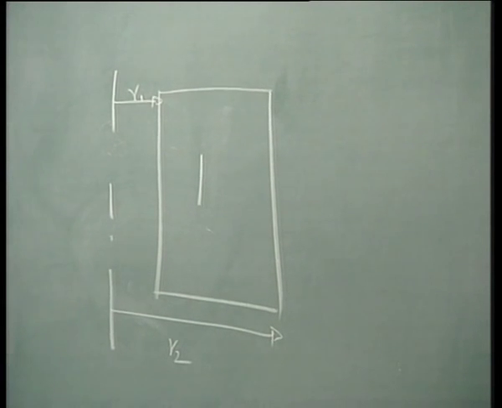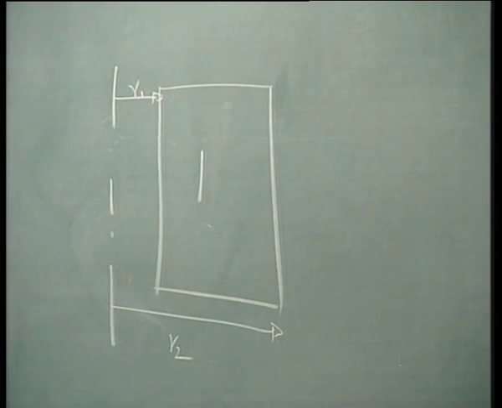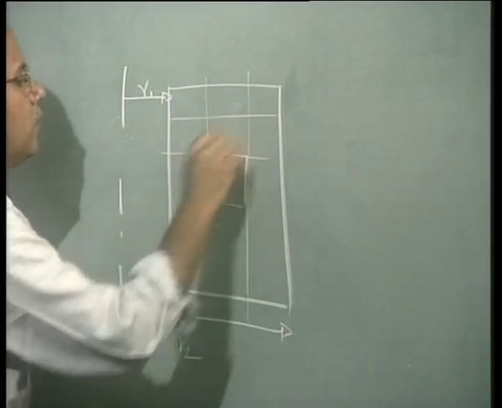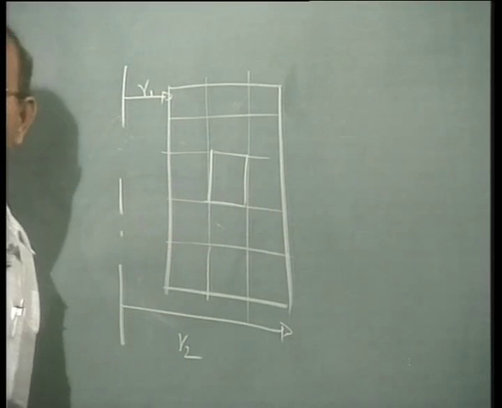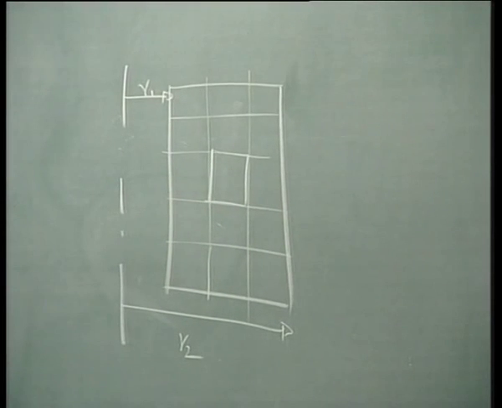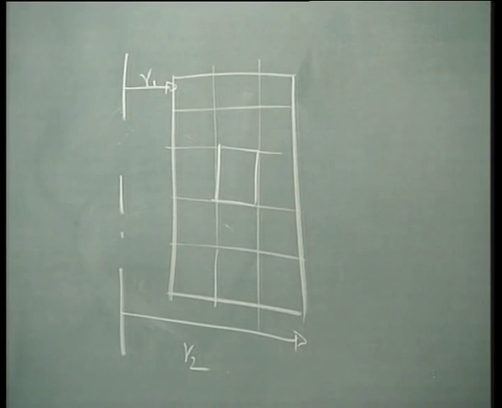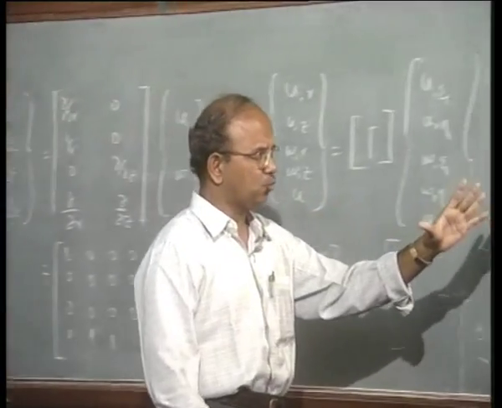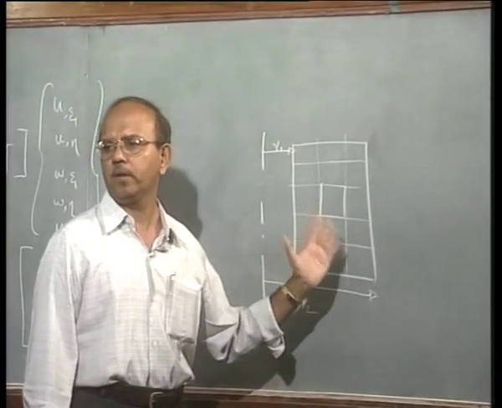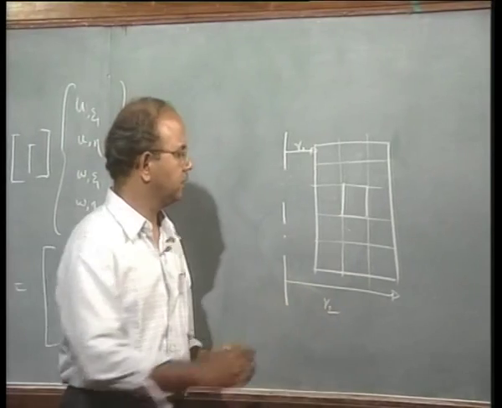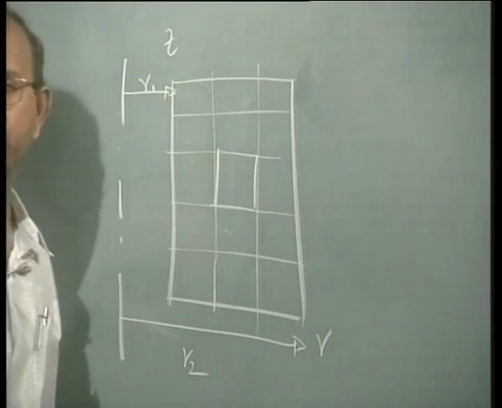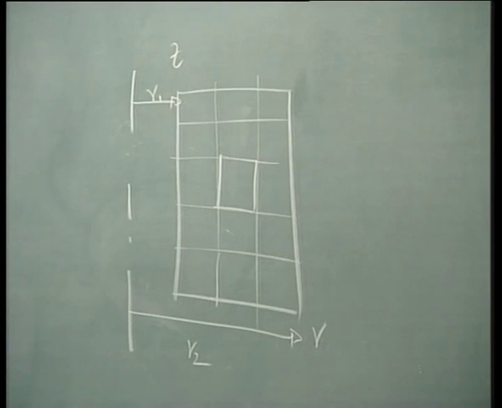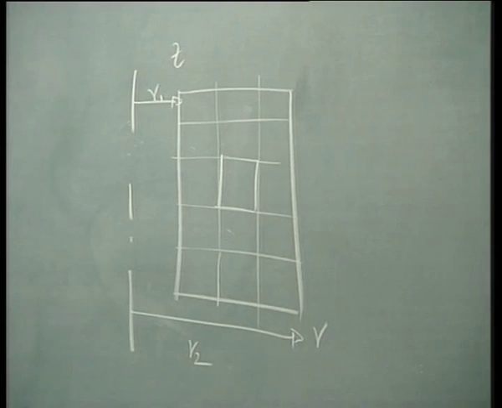Suppose we are analyzing like this, and we are dividing this into a number of elements, and one such element happens to be here. Please note this carefully, though we are discretizing in a 2-dimensional plane, with r and z as the two axes which define this plane.